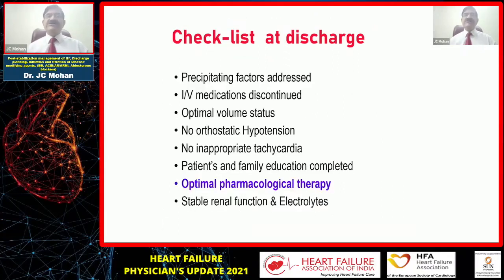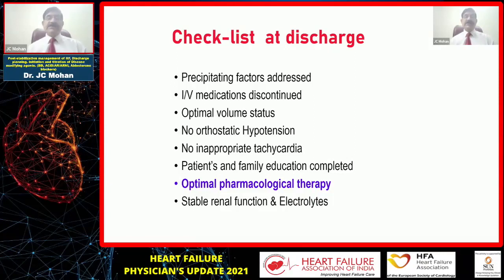What should be the checklist at discharge? That we have addressed the exacerbating or precipitating factors adequately, which could be infection, ischemia, rhythm issues, that the IV medications have been discontinued, that the optimal volume status has been achieved. You can see that by lung scan, the inferior vena cava, clinical examination, or weight, and that there is no orthostatic hypotension in the individual, there is no inappropriate tachycardia.